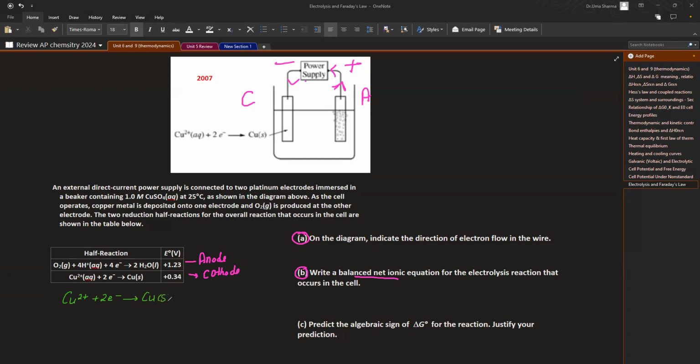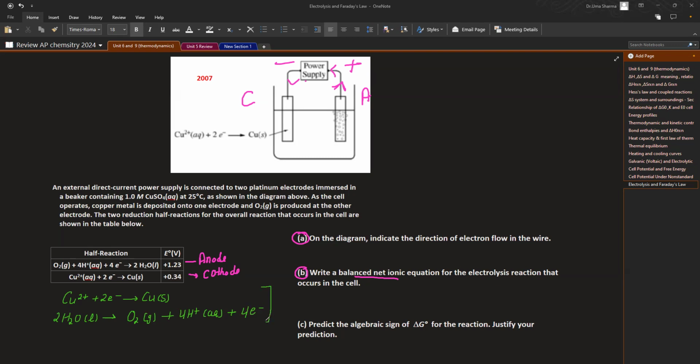So I'm taking this one as such. For the anode, I will reverse the equation. And then to get the final equation, I'm going to add them together. After checking the number of electrons, they should be equal.